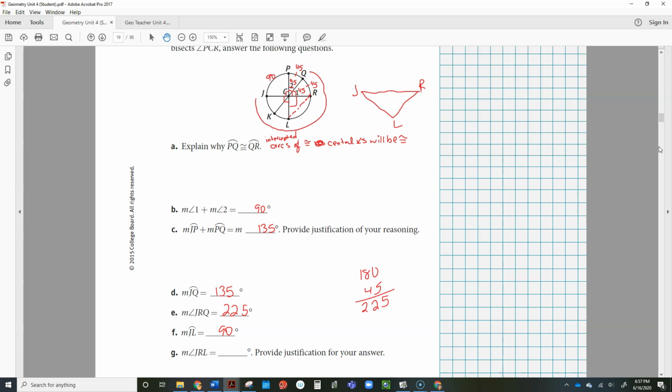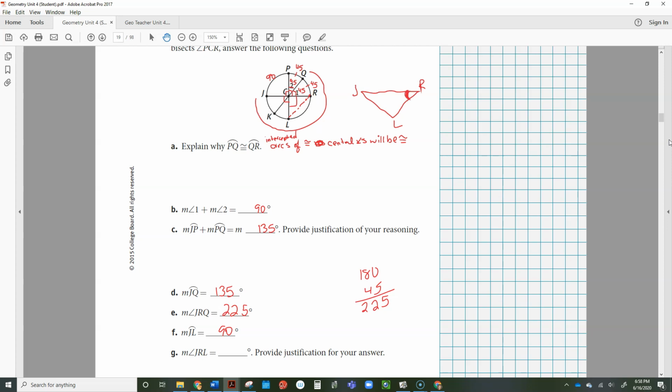Okay, so we have... I don't know how you're supposed to work that one because we haven't learned about the kind of angle that JRL is. So I'm sure I'm missing something because I don't think they would ask you to do something that you couldn't do.